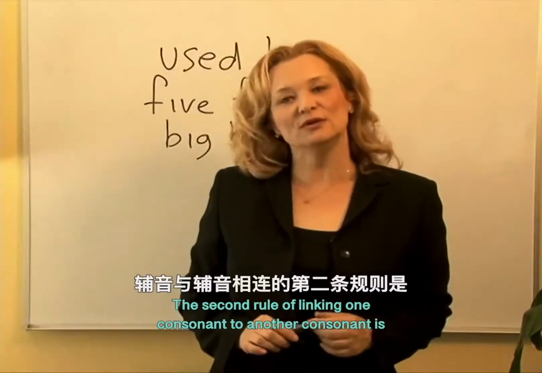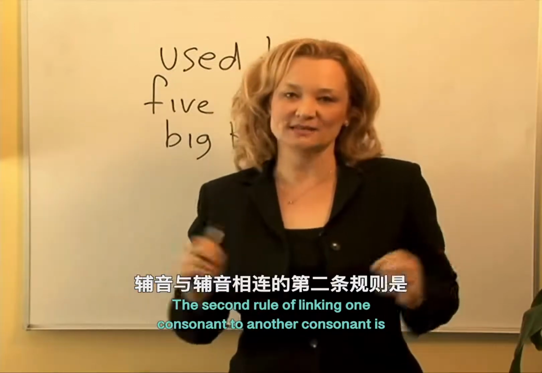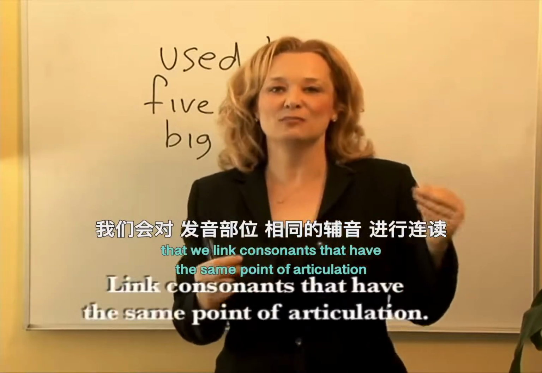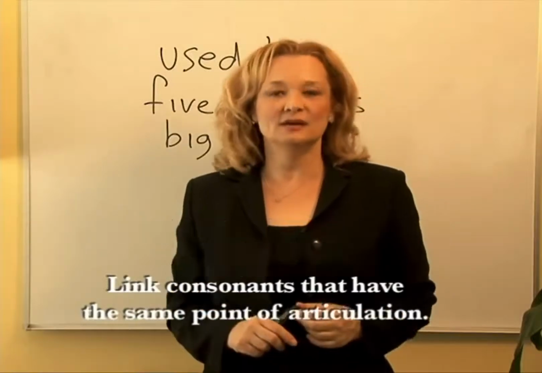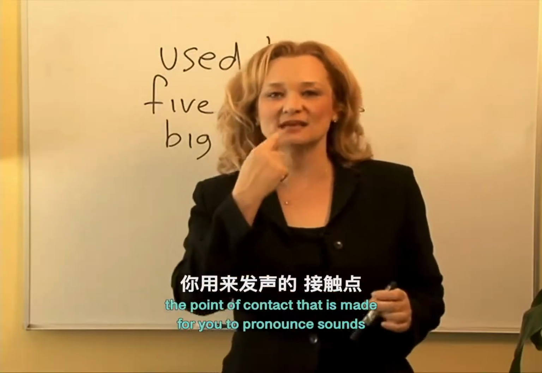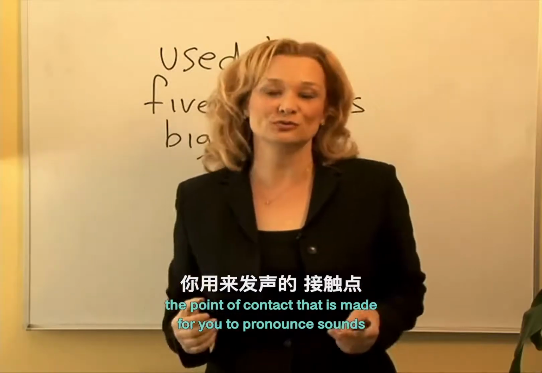The second rule of linking one consonant to another consonant is that we link consonants that have the same point of articulation. The point of articulation means the point of contact that is made for you to produce sounds.